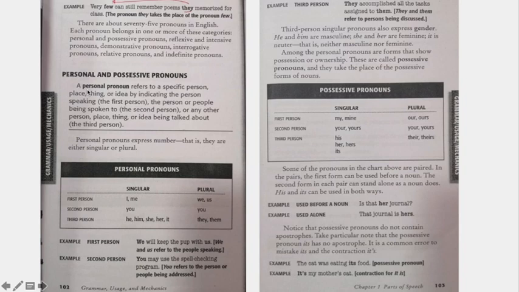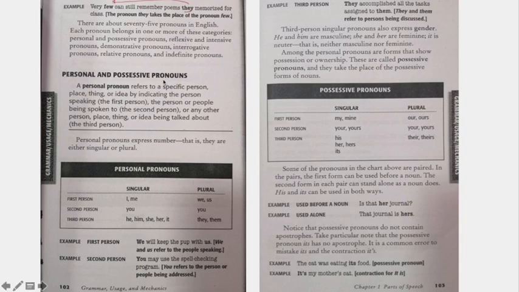A personal pronoun refers to a specific person, place, thing, or idea by indicating the person speaking. Under personal pronouns, it is actually divided into three categories. We have the first person, which is the person who is actually speaking.